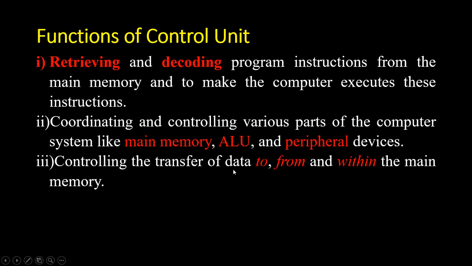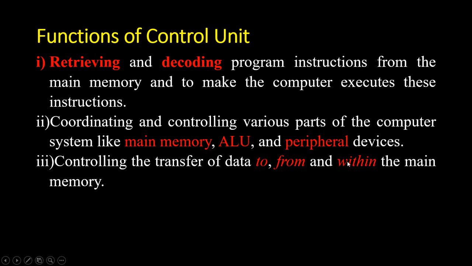Okay, that data moves to or from, and it can also move within the main memory. So data can be moving from other components to main memory, but the same data can be moving from the main memory to other components, or it can move within the main memory.